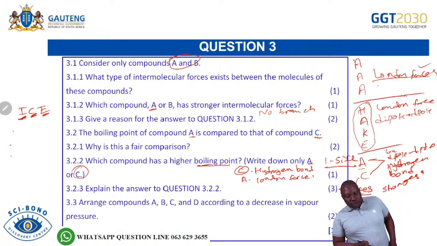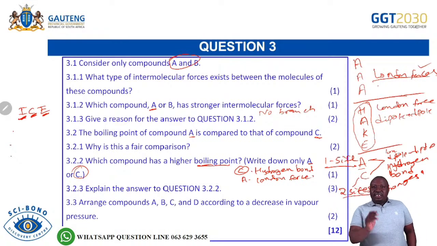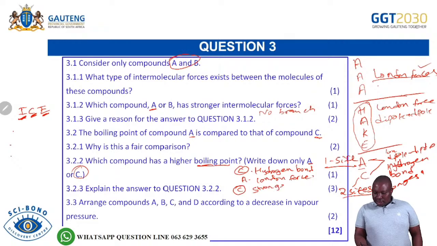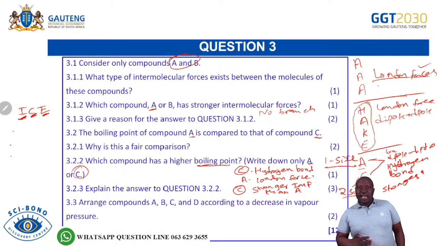Then you will compare the strength of the intermolecular force to say C, which has hydrogen bond, has stronger intermolecular force than A. So you're comparing the strength.